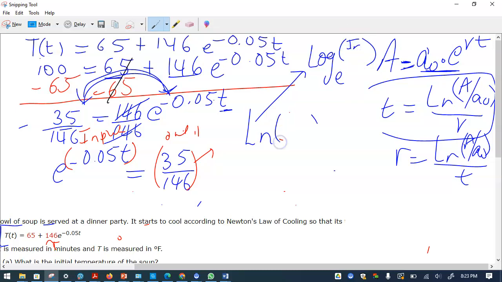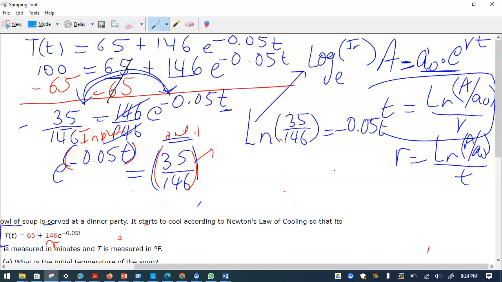So ln, and then the output. So this is the output. This output now changes to input and equals, and the input right here becomes the output, minus 0.05 t.